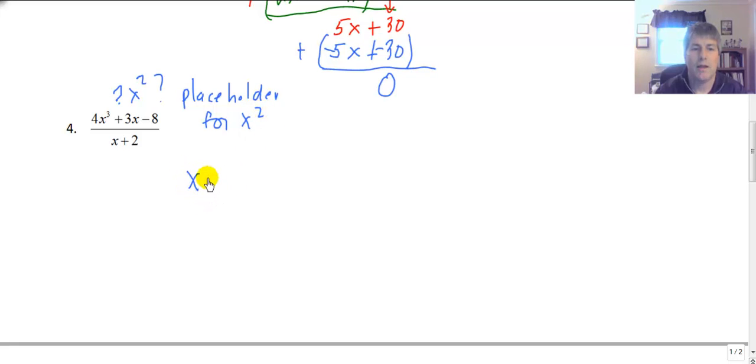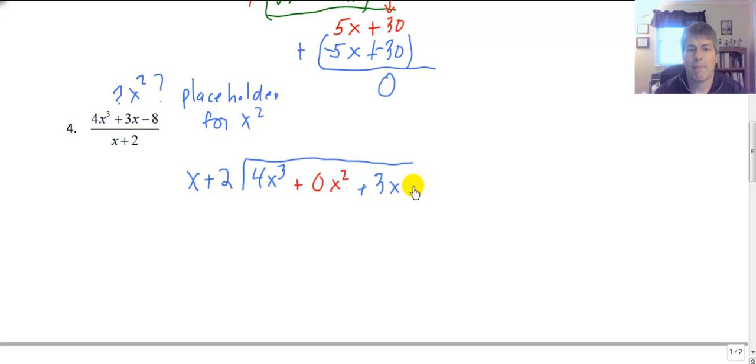So let's go ahead and set it up. x plus 2, and then we have 4x cubed and our placeholder plus 0x squared plus 3x minus 8. So we need one placeholder here. And we begin our process.